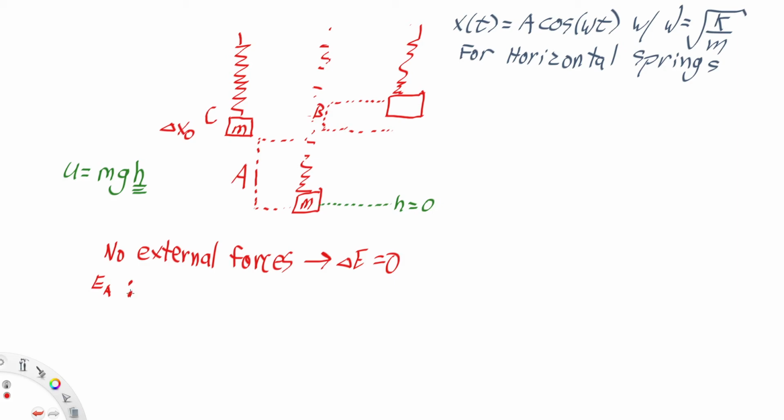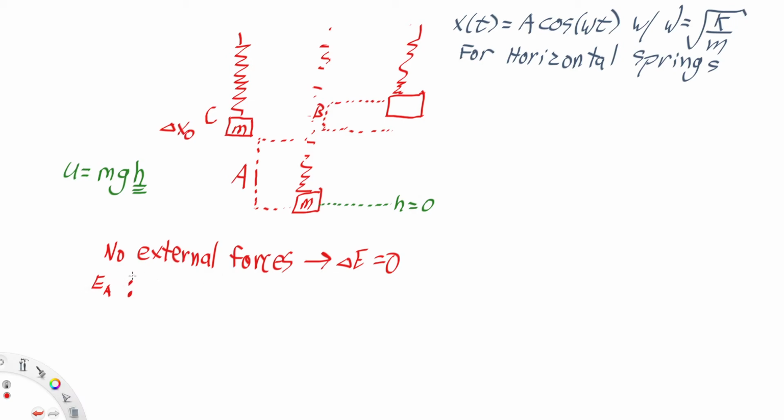At A, we're at maximum stretch, which means that we've got no kinetic energy, right? The mass has stopped, it's going to turn around, and it's going to swing upward the other way. So no kinetic energy means we only have potential energies. And in fact, we've defined the height at point A to be 0, so that's got no gravitational potential energy.